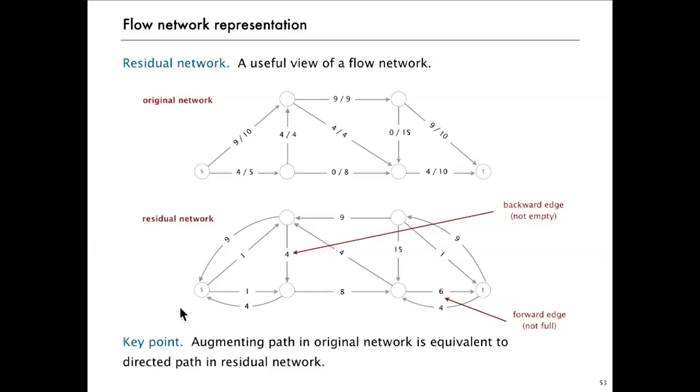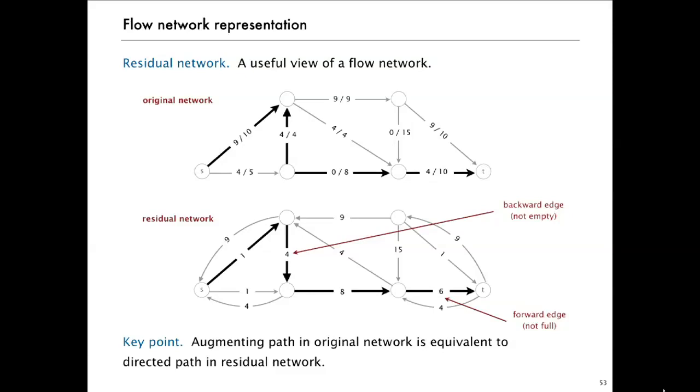And so this network is just a natural way to look at the network while the flow is being computed, because it's a digraph that we're going to search to find the augmenting path. You have a directed path in this network from S to T, that's an augmenting path. And that's a simple mechanism that helps us write compact and elegant code.